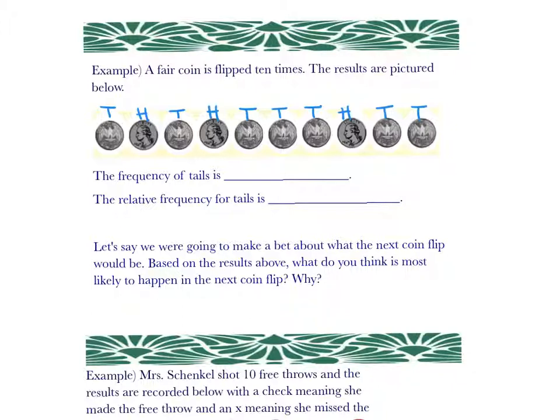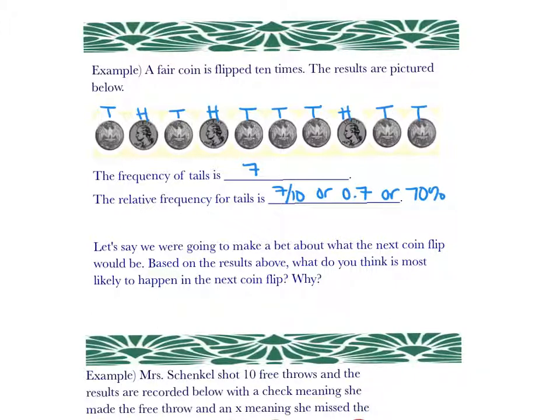So the frequency of tails looks to be that it happened 1, 2, 3, 4, 5, 6, 7 times. The relative frequency of tails is 7 over 10 total trials, or 0.7, or I could say 70% if I want to express it that way.